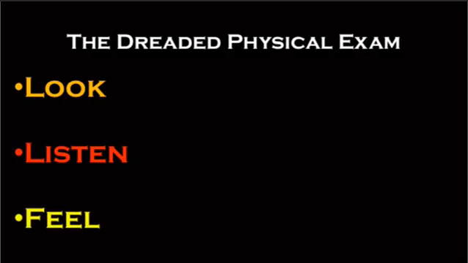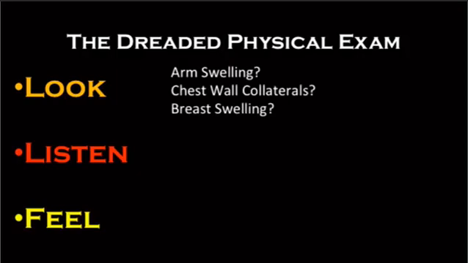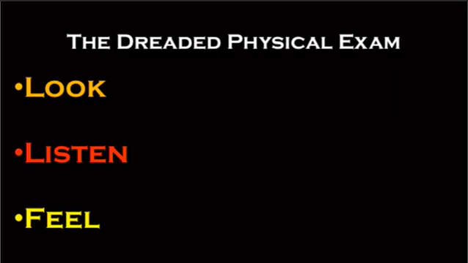If you've got marked arm swelling, this usually indicates central venous stenosis. Dilated veins and collaterals are usually apparent on the patient's upper arm and chest. There may be swelling of the breast in a female. All of this is sort of making you think central venous access. All right.